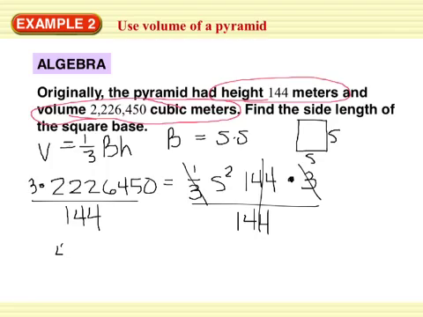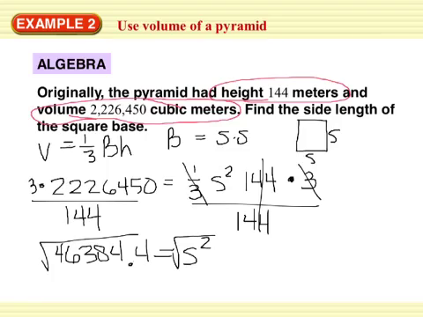I have 46,384.4. Take the square root of both sides. S equals 215.4.